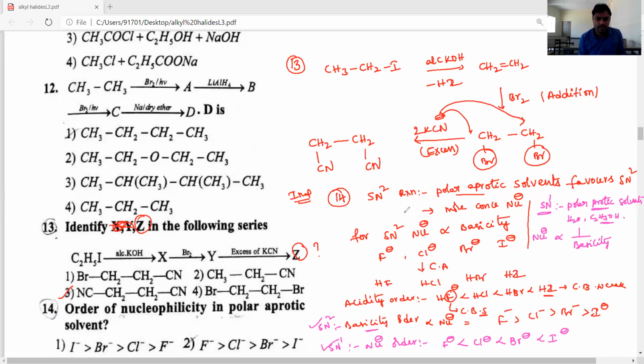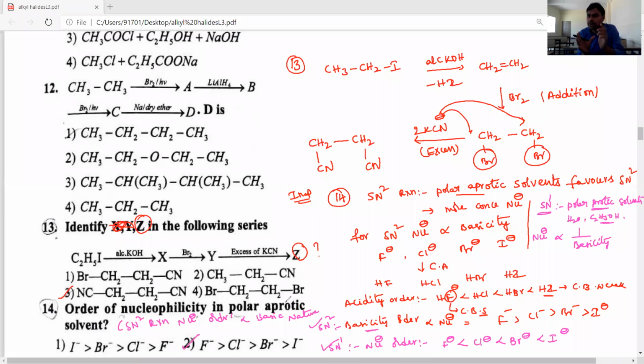Okay, let's go back to the 14th question. The answer is the second option. This is the correct nucleophilicity order. Polar aprotic solvents means you have to remember SN2 reaction: nucleophilicity order is directly proportional to basic nature. Polar protic solvents is nothing but SN1 reactions: inversely proportional to basic nature.